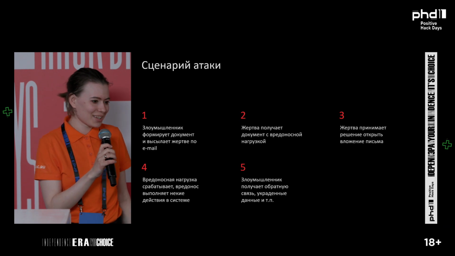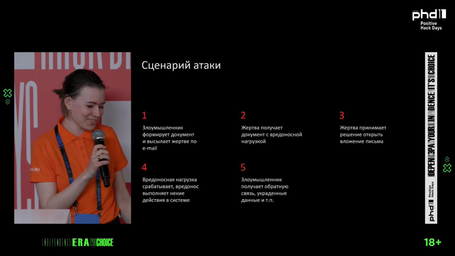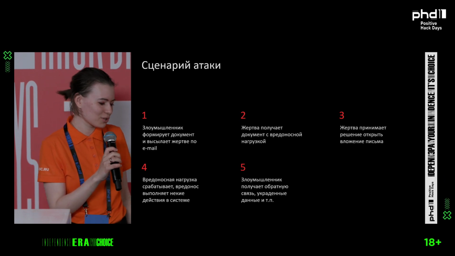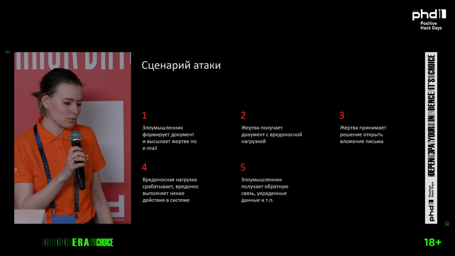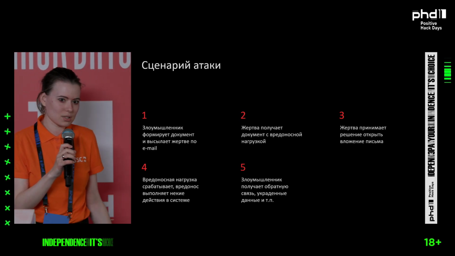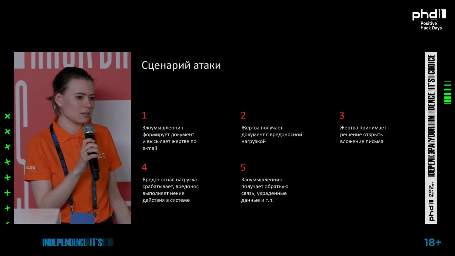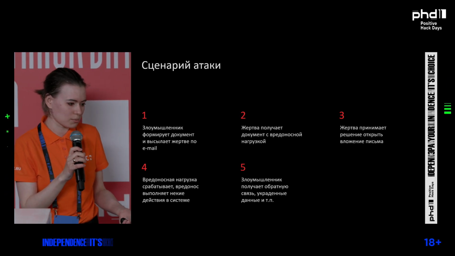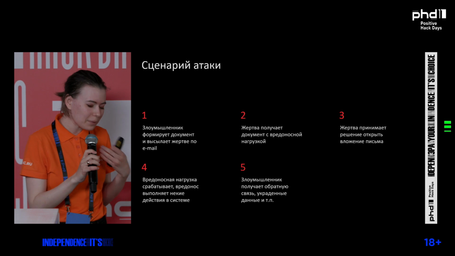Or, for example, your salary has arrived, just the major hook. So the victim opens this file, something horrible occurs while opening it, and the fraudster gets the necessary feedback, some personal data, a shell, whatever.